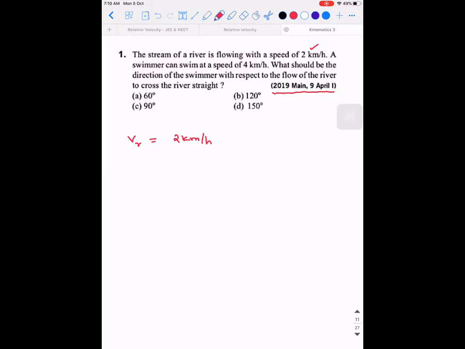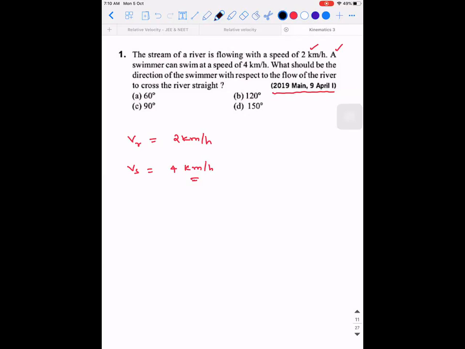Okay. Next. A swimmer can swim at a speed of 4 km per hour. So what is given? VS. So we take it as Vs, right? Vs is equal to 4 km per hour. But see, there is a point where we make a mistake.